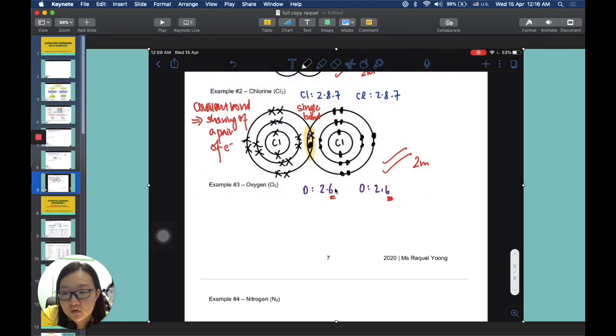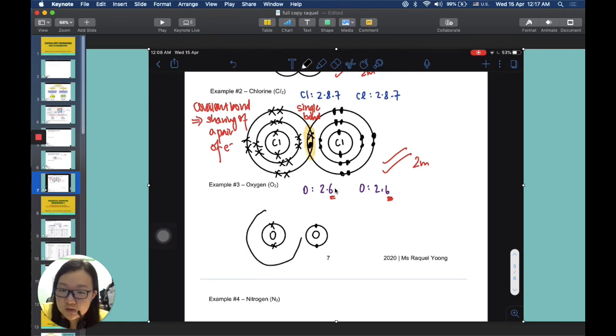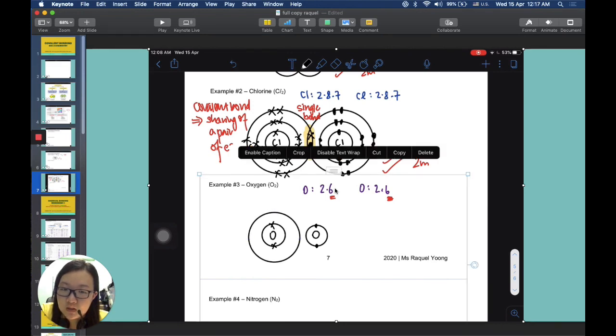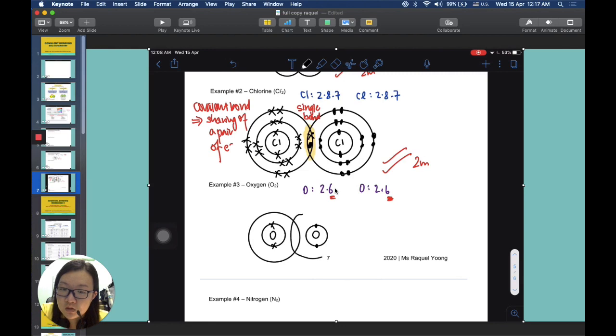So it will in turn contribute 2 electrons into the sharing, into the covalent bond. So again, we draw the first shell first, which contains 2 electrons. Then when we draw the second shell, we draw it a bit bigger and ensure that it overlaps like this, keeping in mind that you need to draw dot and cross.